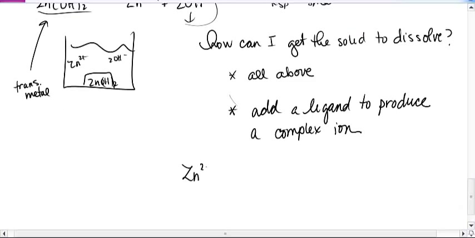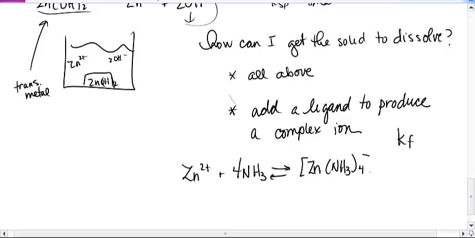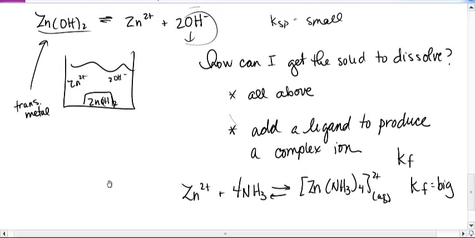So for example, like in the one we've done before, you could react it with some ammonia. Now at this point you may not know what that complex ion will look like, but you could look in a KF table and find one. And there's a KF associated with that, which are usually really, really big. So think about what's happening.